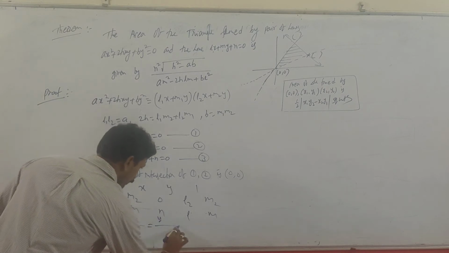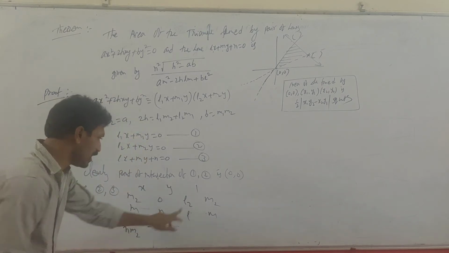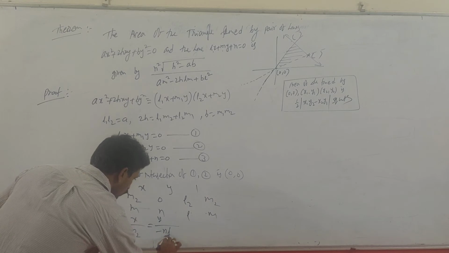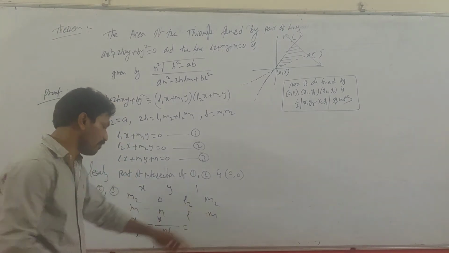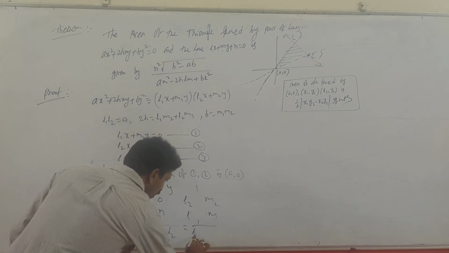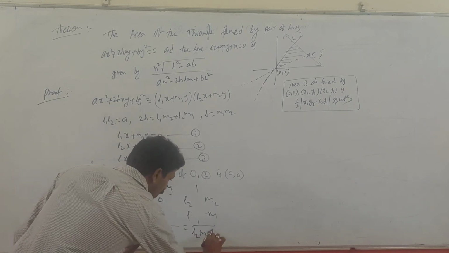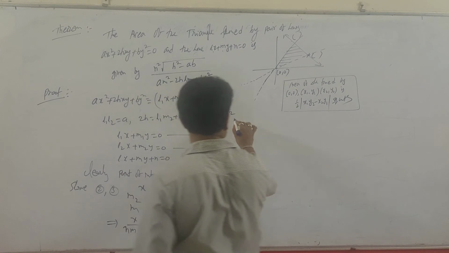Next y by (0 minus N L2) is equal to 1 by (L2M minus LM2).